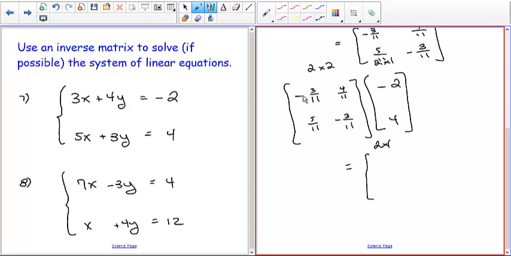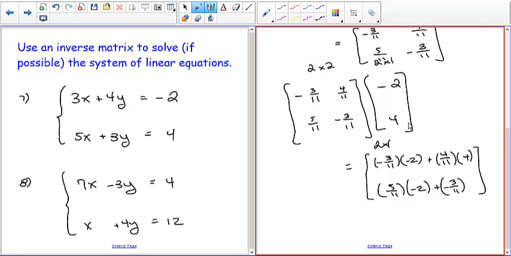Let me make this bigger so I can show what we're doing. We take the first row times the column. So you have negative 3/11 times negative 2 plus 4/11 times 4. And then the second row times the column: 5/11 times negative 2 plus negative 3/11 times 4.